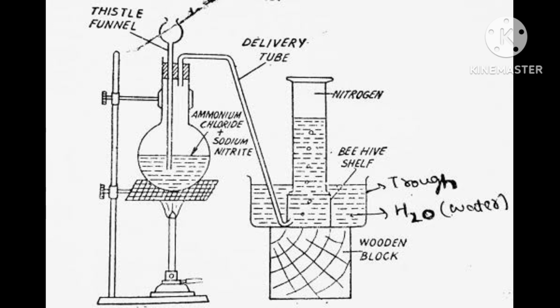Ba(N3)2 has N3 whole 2, which means a total of 6 nitrogen atoms. That's why it will give barium plus 3N2. Now it is balanced, 3 into 2, 6 nitrogen. It was 6 in the beginning, and now it is 6. So barium azide, Ba(N3)2, gives barium plus 3N2.